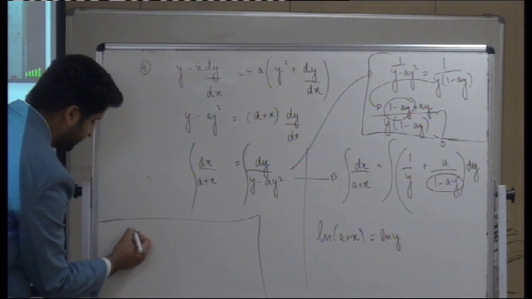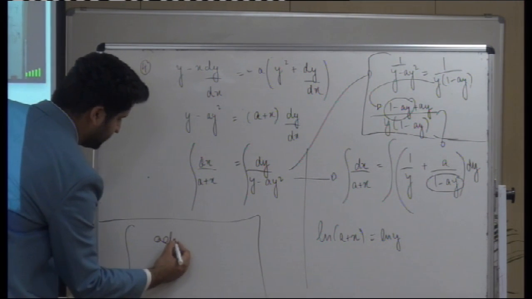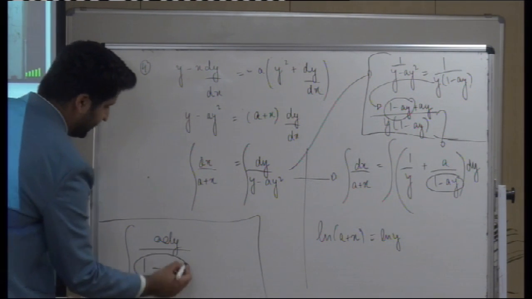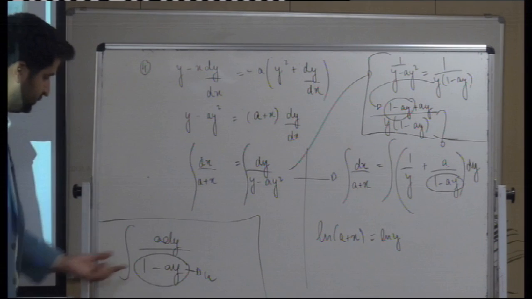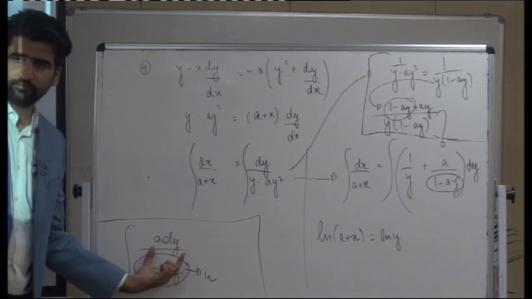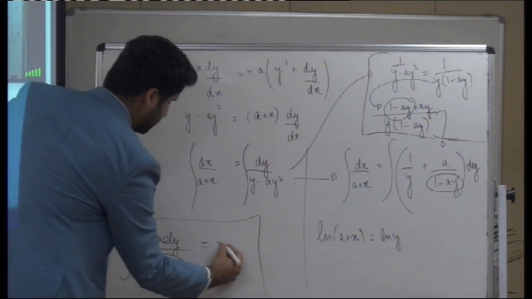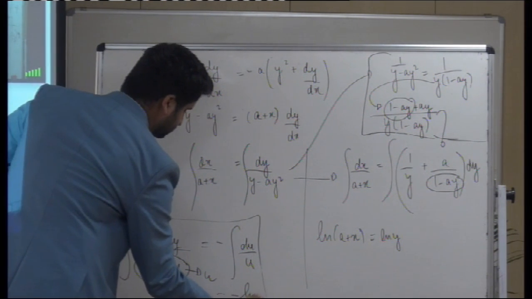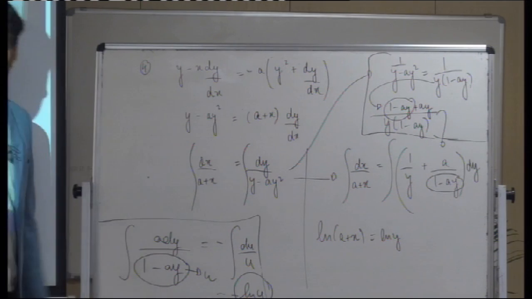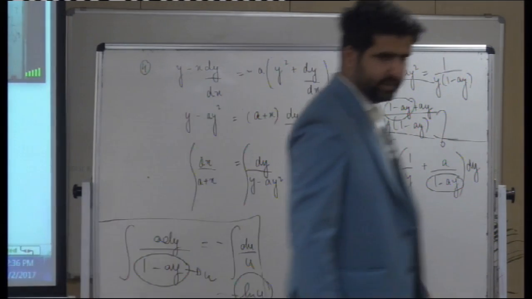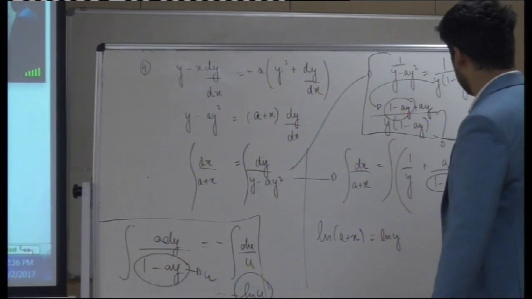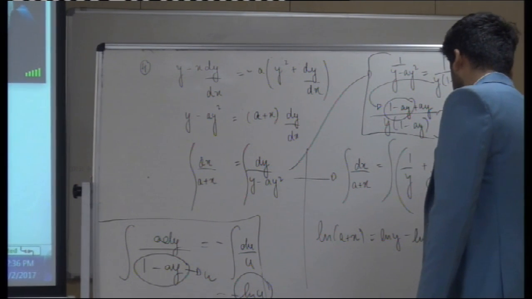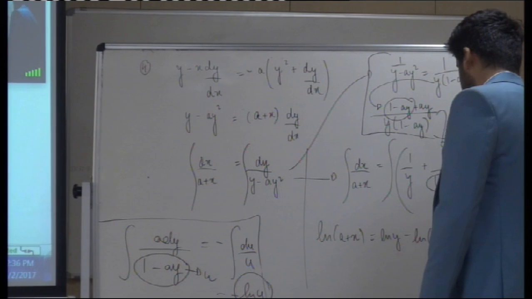If we have the integration of a dy upon 1 minus ay, if I take this as u, this will become du. So we are getting minus du upon u, which is equal to minus ln u, right? So we're not getting any a terms outside the logarithm: minus ln of 1 minus ay plus constant.